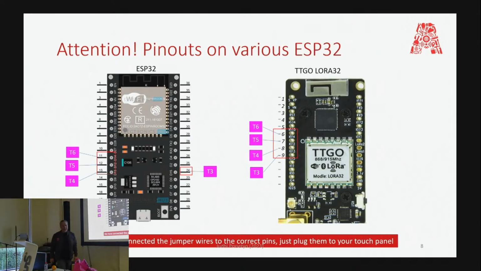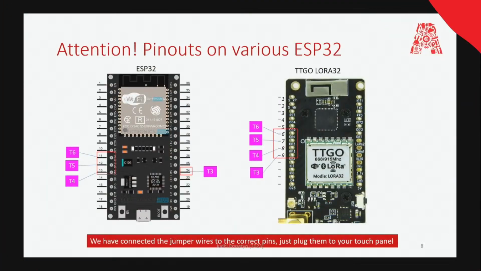Okay, because we have various types of ESP32, and to avoid confusion, we already put the wires there. Make sure the wires don't come out, so you may get confused which pin is connected. But basically, there are 4 wires that right now we already have connected them.